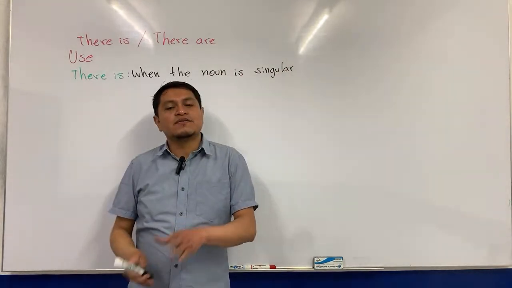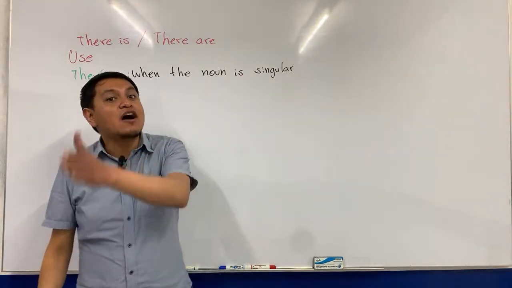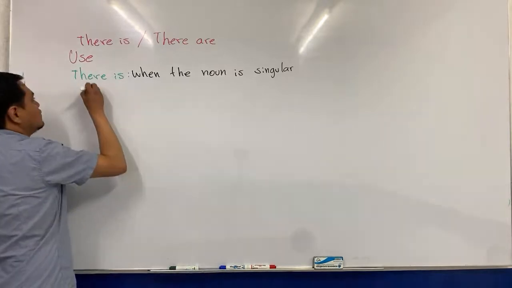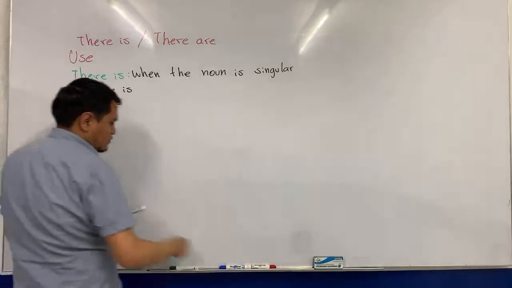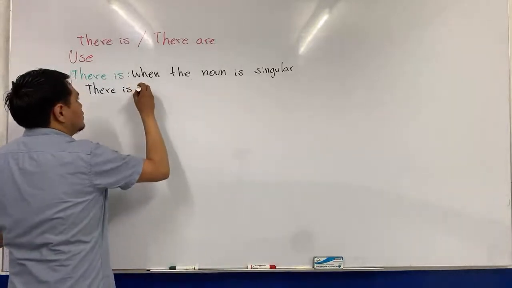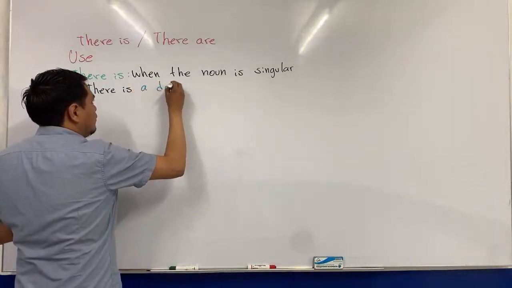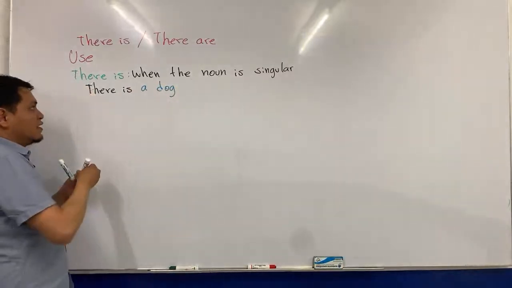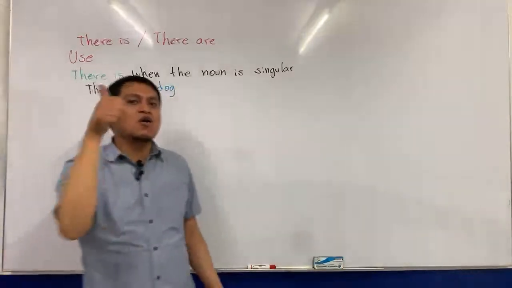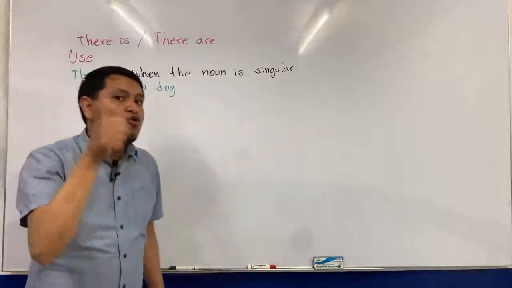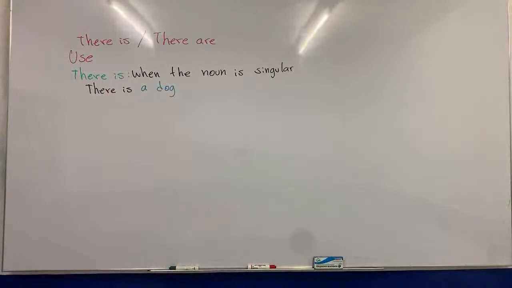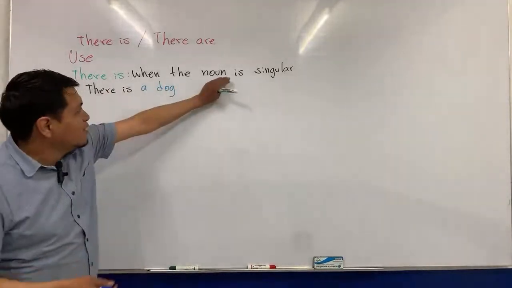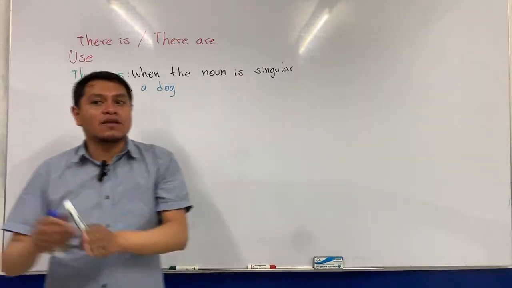When the noun is singular. For example, there is a duck. Remember, a means uno, right? Uno. There is a duck. The noun is singular, right?